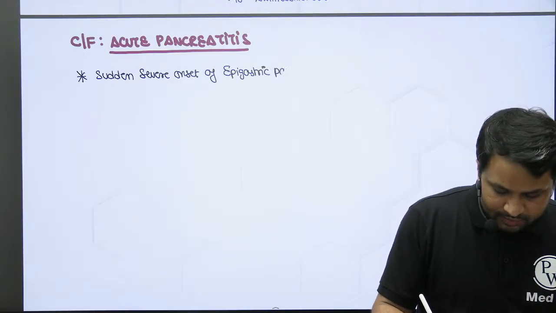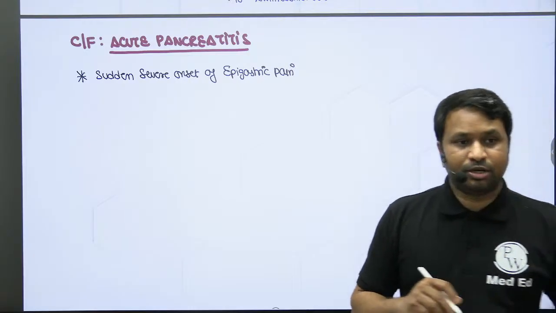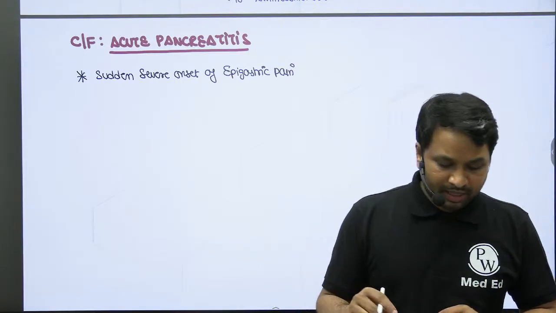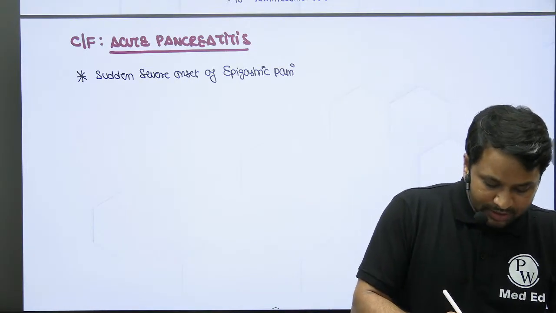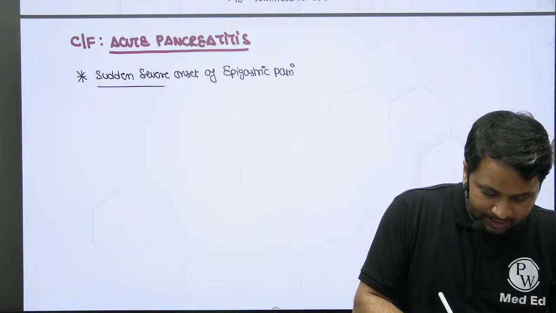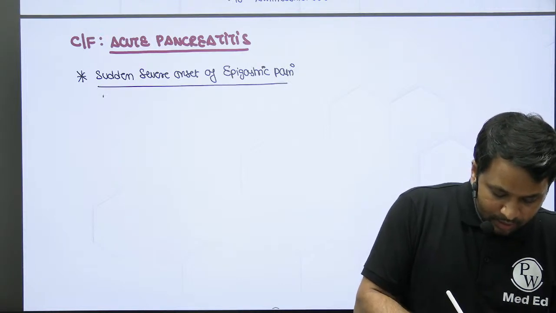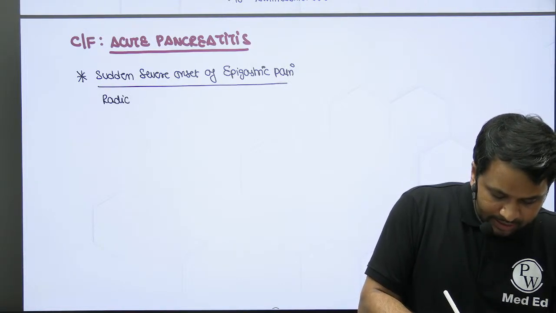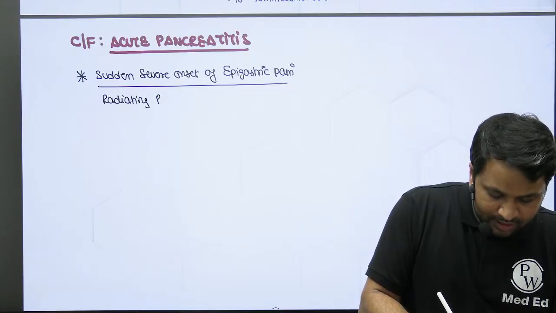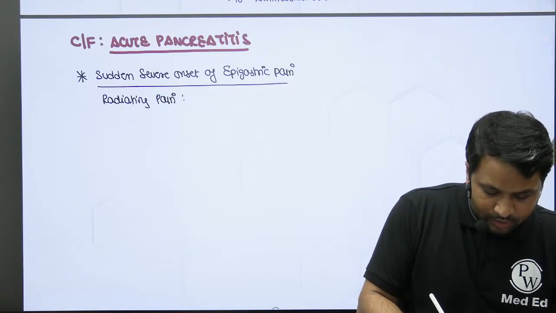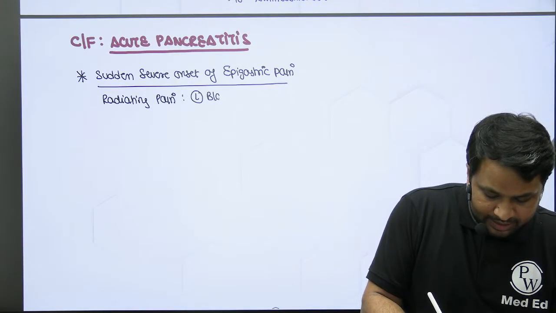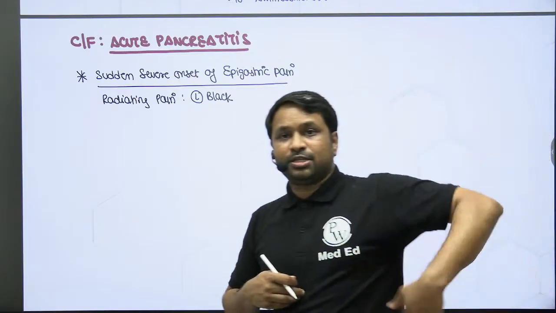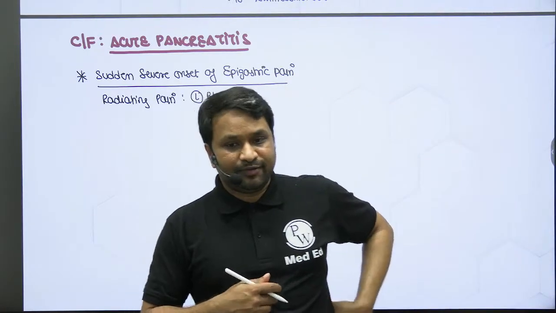There is a sudden severe onset of epigastric pain, but it is not just an epigastric pain. If you talk to this patient, you will say that this is a radiating pain. The patient will tell you that this is a radiating pain. So where does it radiate to? Remember, it is going to radiate to the left side of the back. So from the epigastrium, it is like a band radiating to the left side of the back.